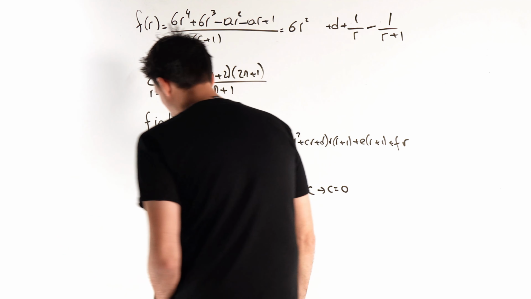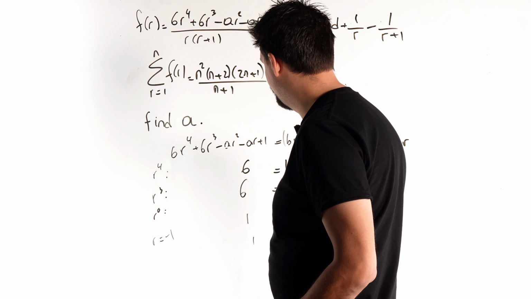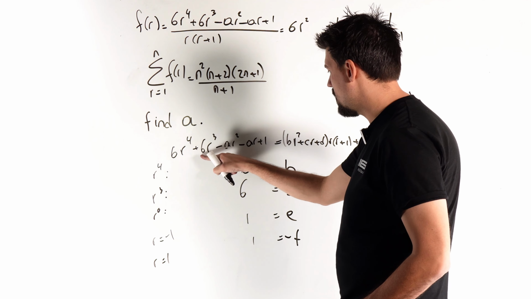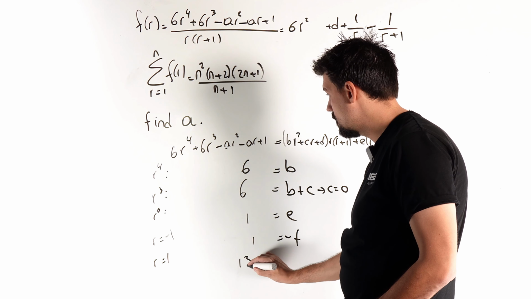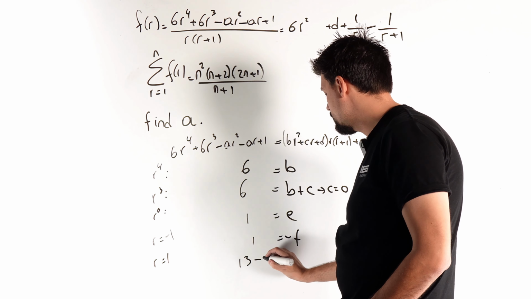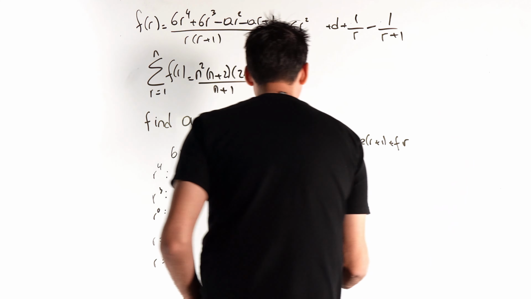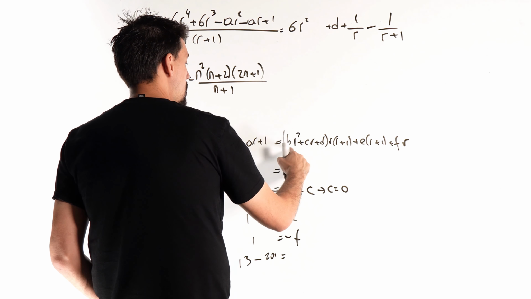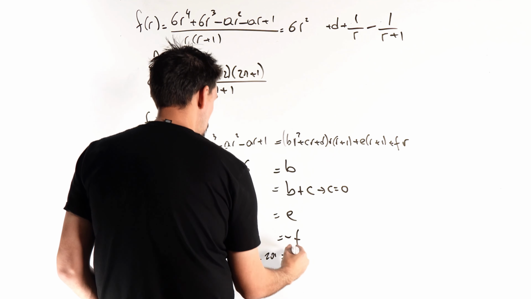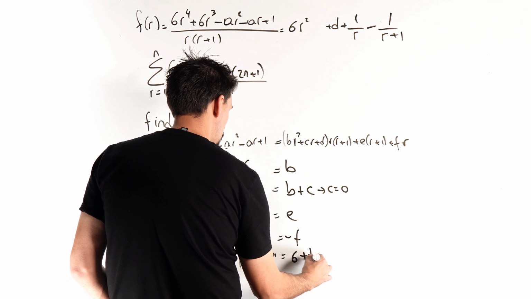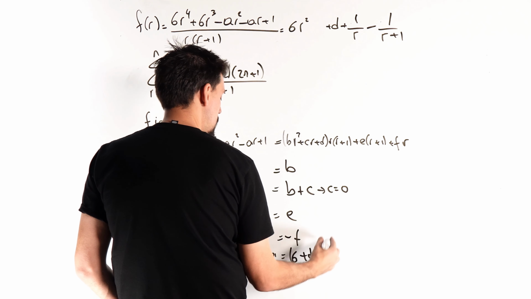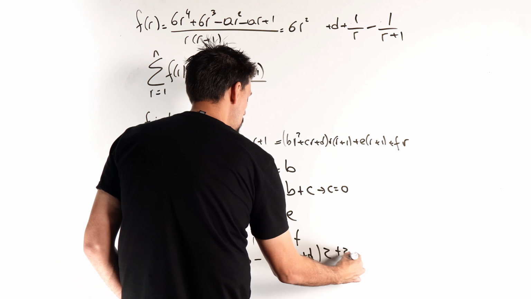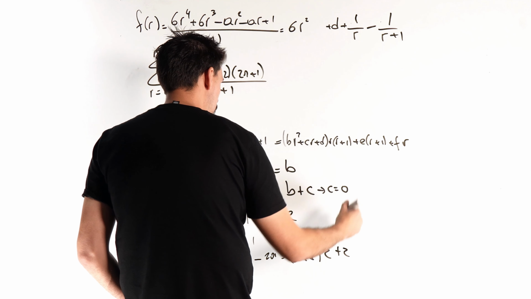Well, I suppose let's just put a value of r in. Let's put r as 1 in. So 6 plus 1 is 13, minus 2a, is equal to, well, c is 0, b plus d, so 6 plus d, times 1 times 2 times 2, okay, that worked, plus 2e, which is plus 2, plus f, which is minus 1.